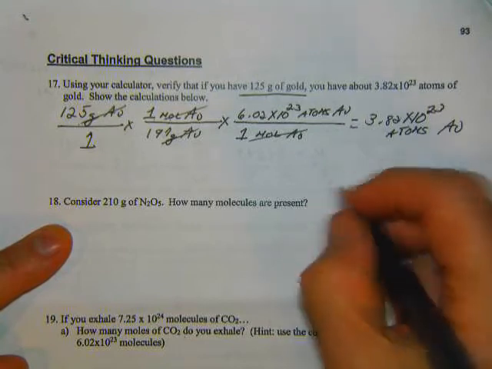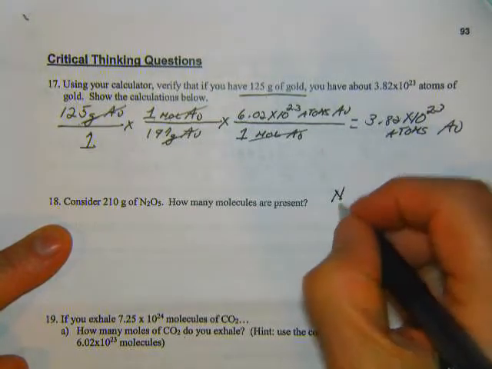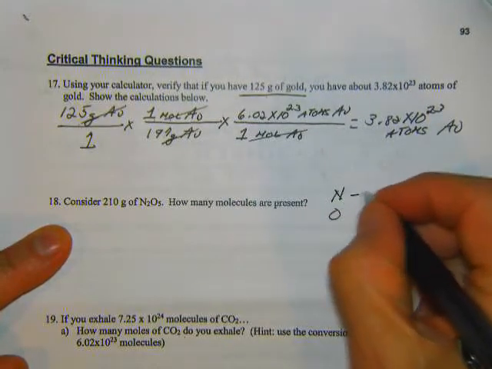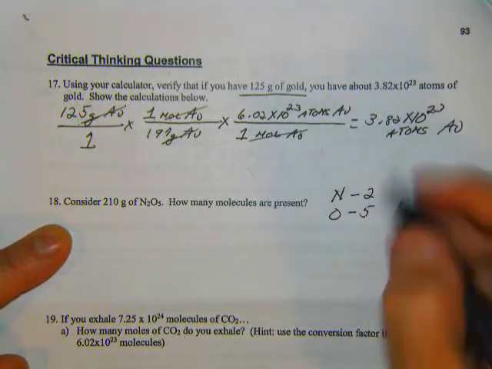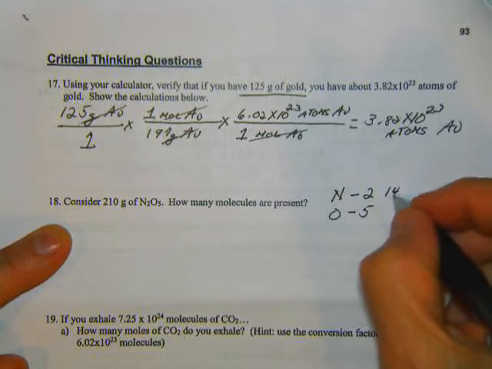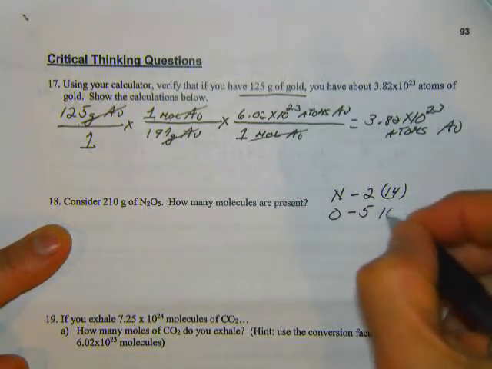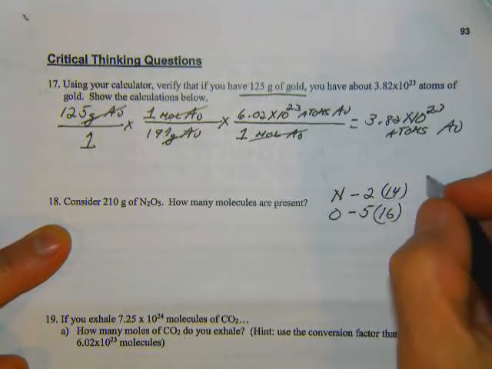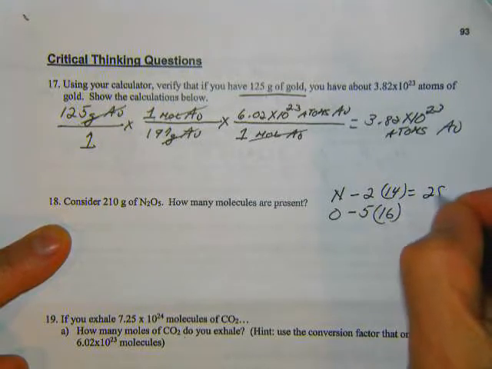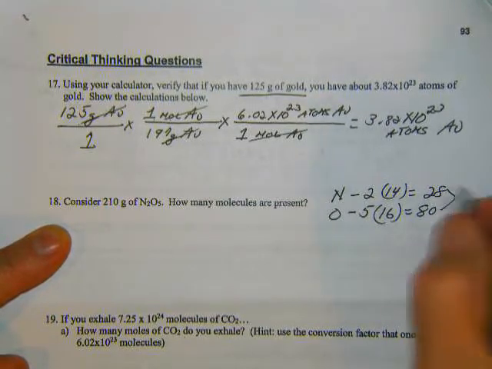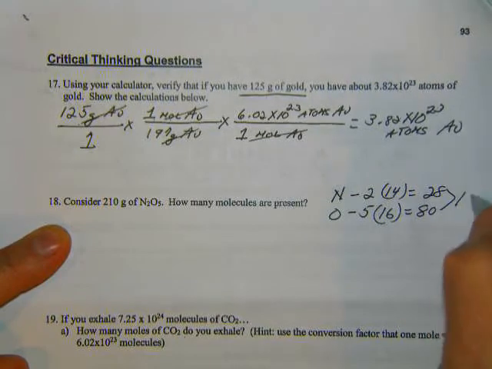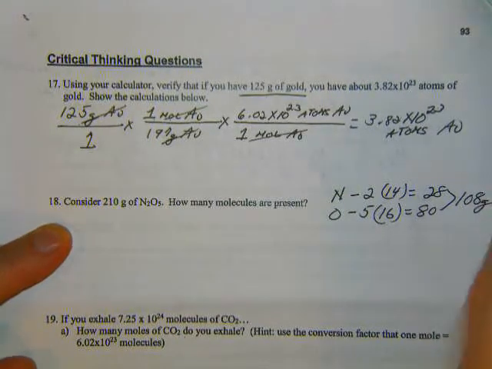We've got 2 nitrogen and 5 oxygen. We know nitrogen has an atomic mass of 14 from the periodic table, and oxygen is 16. So that's 28, and that's 80. If we put those together, it's 108 grams.